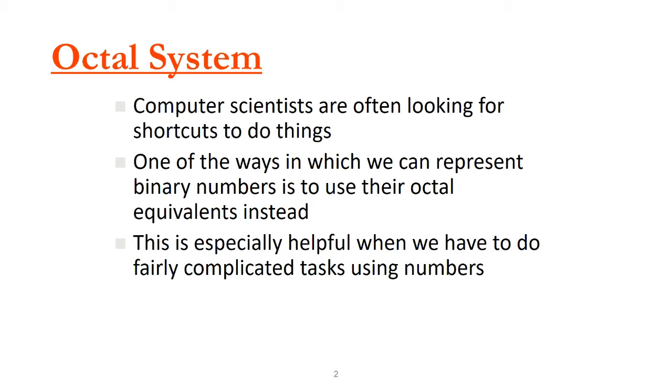So instead of using binary numbers, we can use octal equivalents as well. It makes the circuit, or the logic, easier for a computer scientist. This is especially helpful when we have to do fairly complicated tasks using numbers.